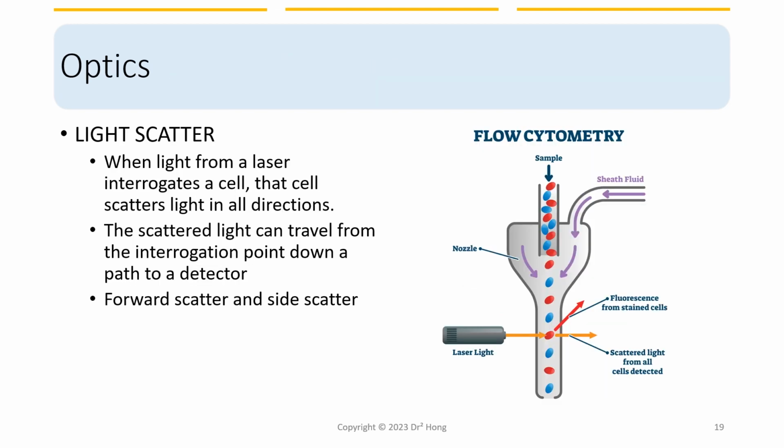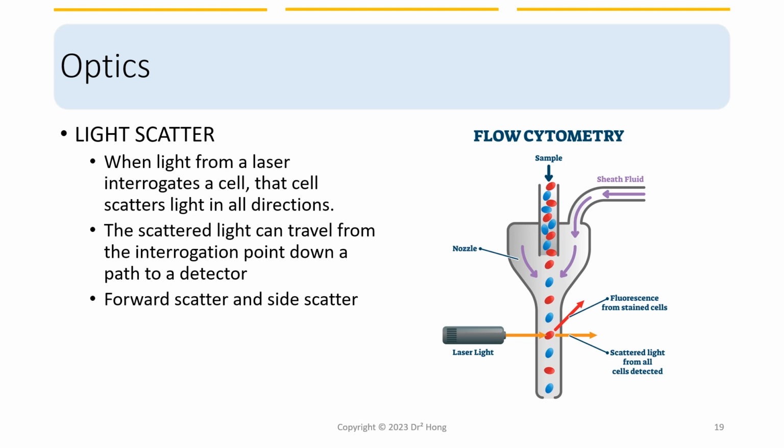Light scatter is another one of the properties that can be measured during flow cytometry analysis. Now, when light from a laser interrogates a cell, that cell scatters light in all directions. The scattered light can travel from the interrogated point down a path to a detector.